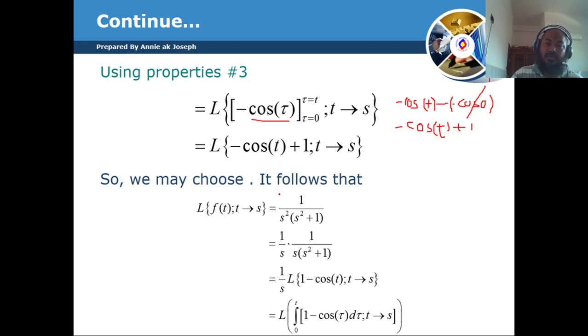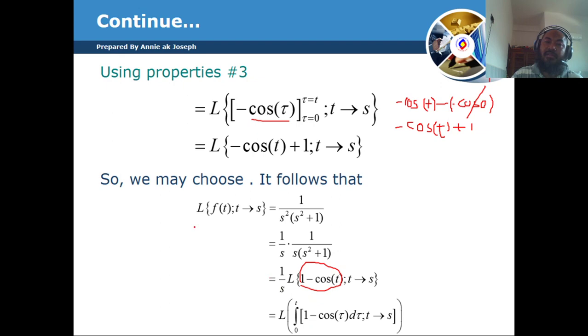So we may choose the following: the Laplace of f(t) is equal to 1 divided by s times the Laplace of 1 minus cos t, which is another function.